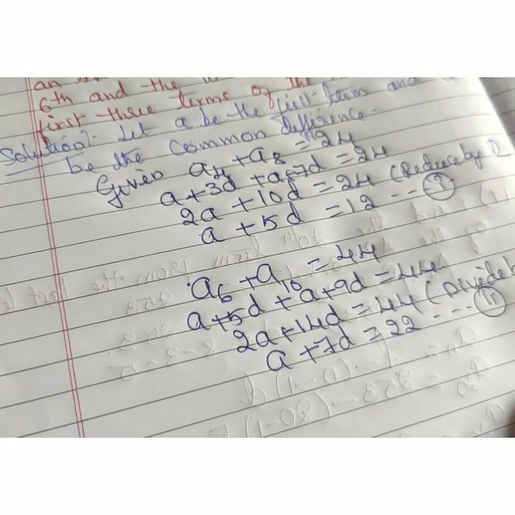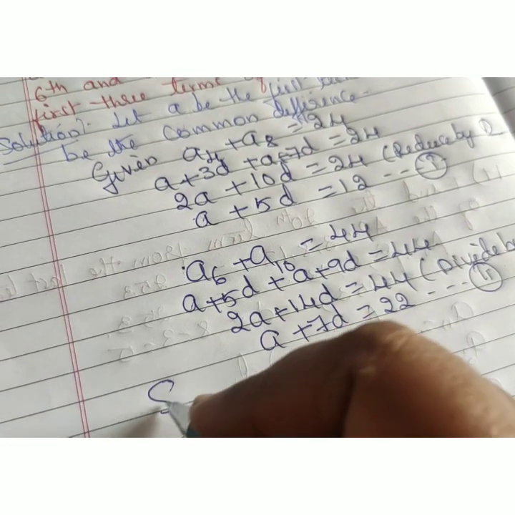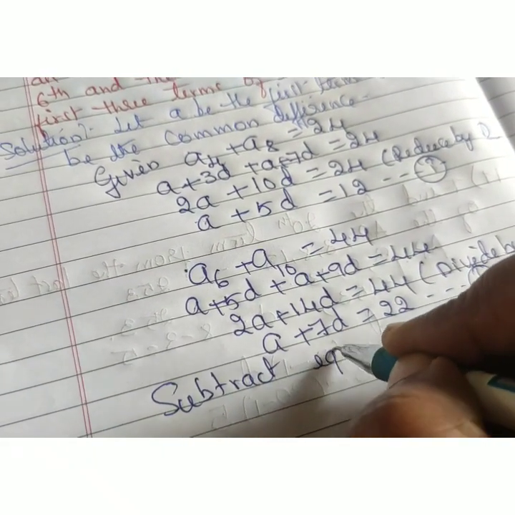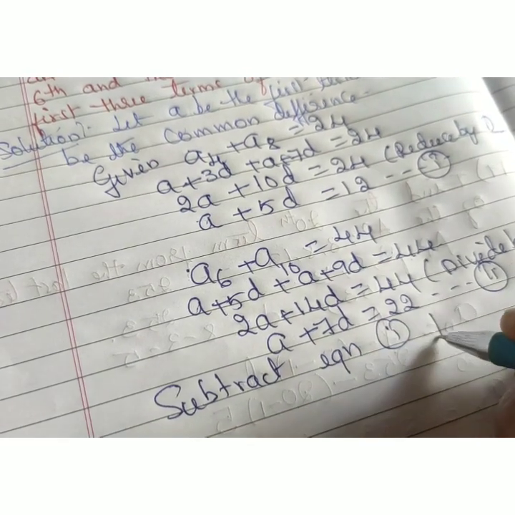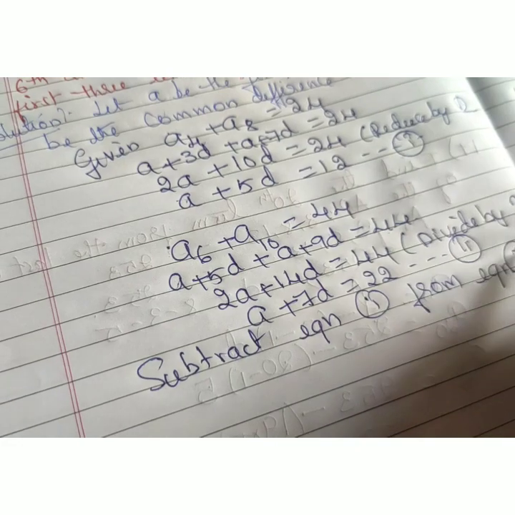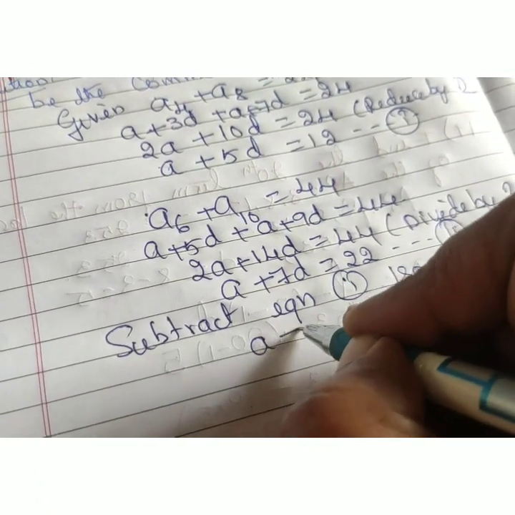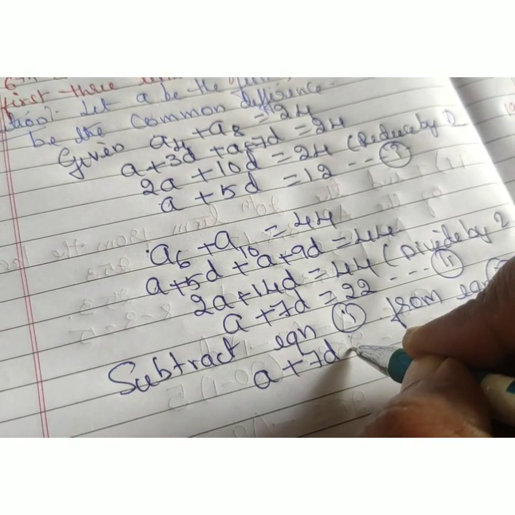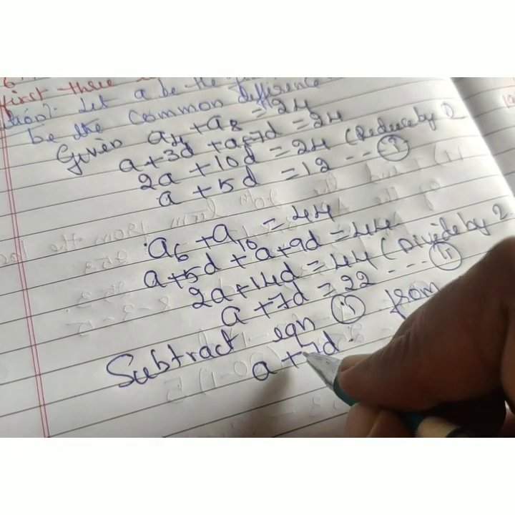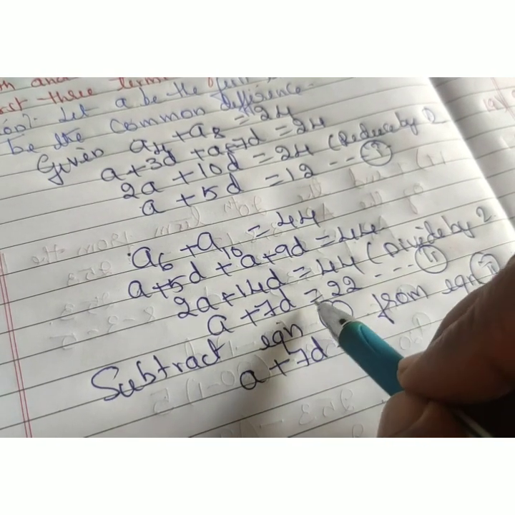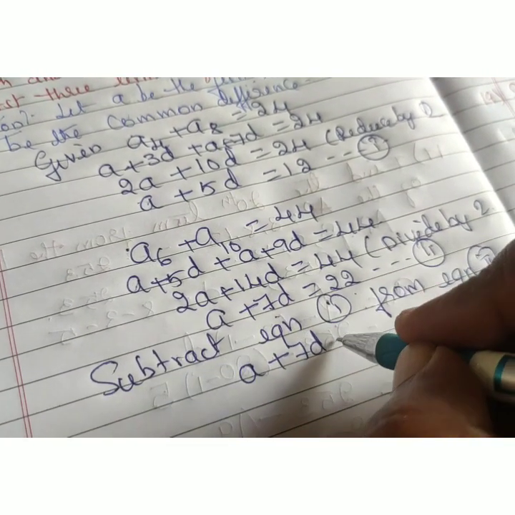Now subtract equation 1 from equation 2. So we will write it here neatly. Our second equation is A plus 7D is equal to 22, correct.